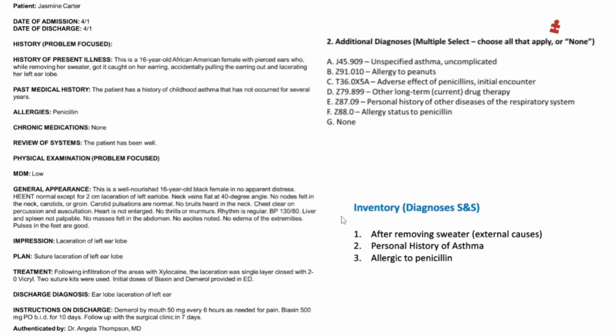Indeed, you will need to code them. But other than that, this patient no longer has asthma. She has a childhood history and hasn't had it for a while, but it is substantiated that she does have a history. We can code it. It's pertinent because it is vital to her survival.